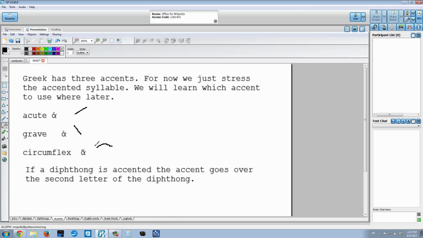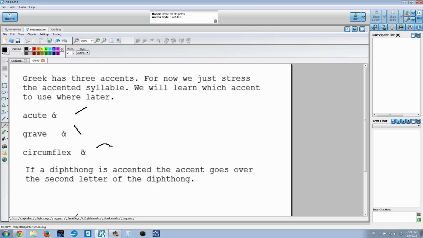And the circumflex accent, you see, circum means around and flex means to bend. The circumflex kind of bends around. Now, a diphthong, remember the diphthong, 2 vowels together. If a diphthong is accented, the accent will go over the second letter of the diphthong. And you'll see that in practice in a bit.